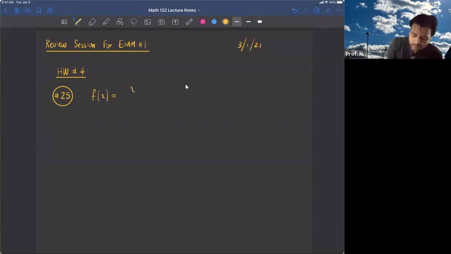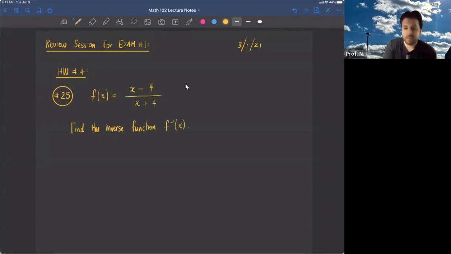This equals x minus 4 over x plus 4. Okay, and then it's asking us to find the inverse function. Find the inverse function f inverse of x. So we want to find it.